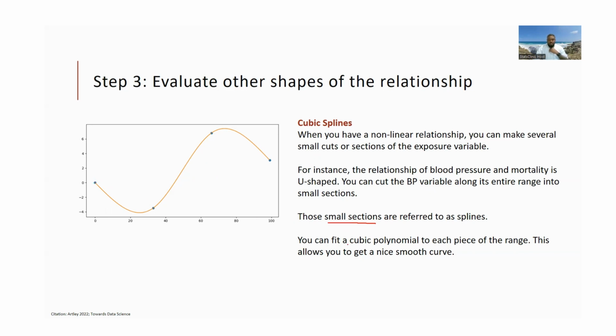So you can fit a regression model to each piece of the range, and this allows you to get a nice smooth curve. You fit a model here, you fit a model there, and then you put it all together and you get a curve. It's almost like you're putting the curve together brick by brick.